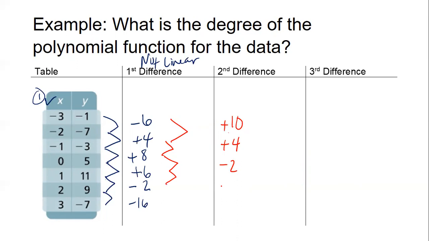What'd you say? Good job. And then how did I go from -2 to -16? Okay. Are these the same values? Nope. So that means it's not quadratic.